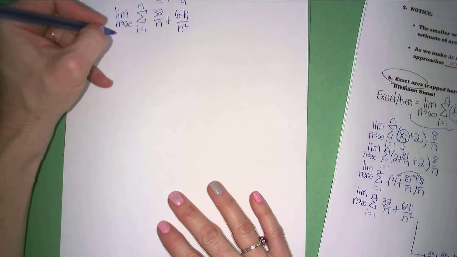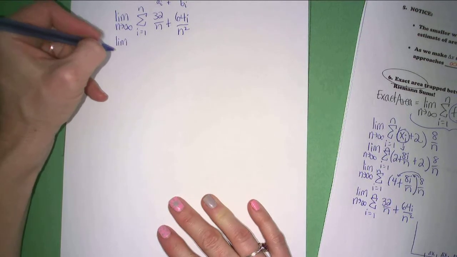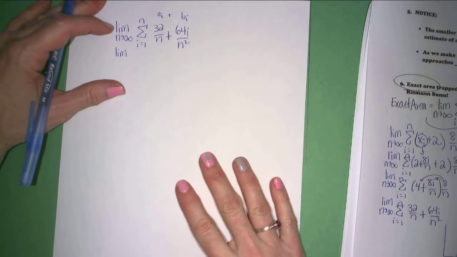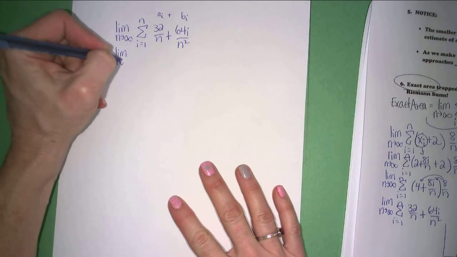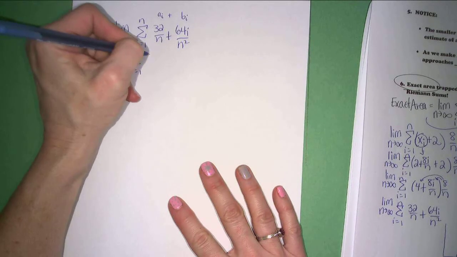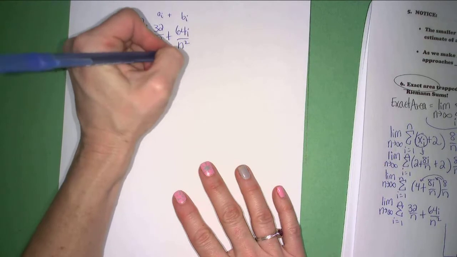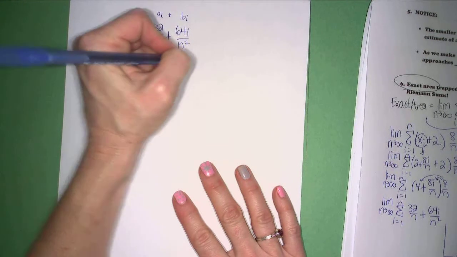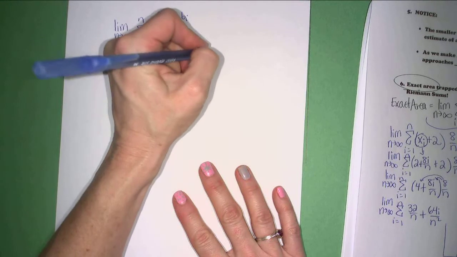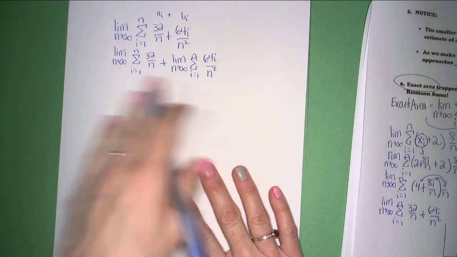The limit as n approaches infinity of the sum from i equals 1 to n of 32 over n plus, now I'm going to rewrite it, the limit as n approaches infinity of the sum from i equals 1 to n of 64i divided by n squared. Okay, so just split that up into 2 different sigmas, 2 different limits.